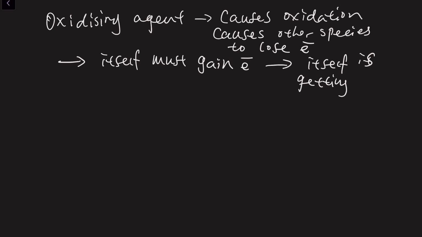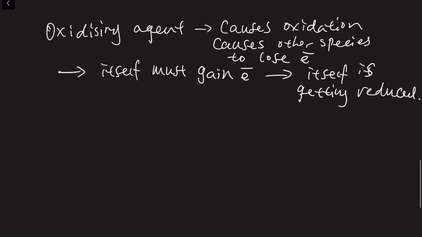So itself is actually getting reduced. Another way to think about this problem is that the electron lost from the other species is getting transferred to the oxidizing agent, meaning it is gaining electrons, hence it's getting reduced.